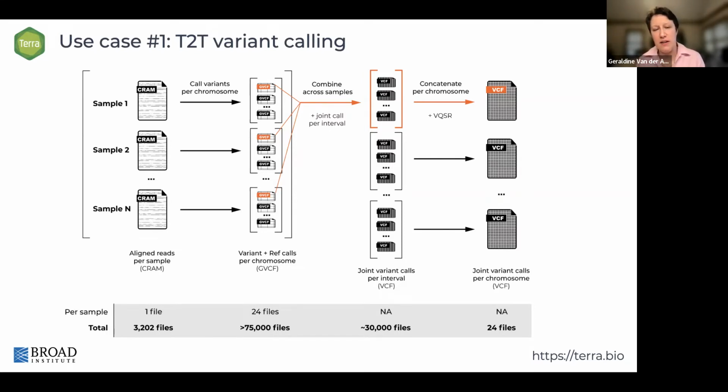The point here is that because of this necessity of parallelizing execution, you end up with a point where you have over 75,000 files. Then there's various steps in which we merge back into the 24 per chromosome final files that the project produces.